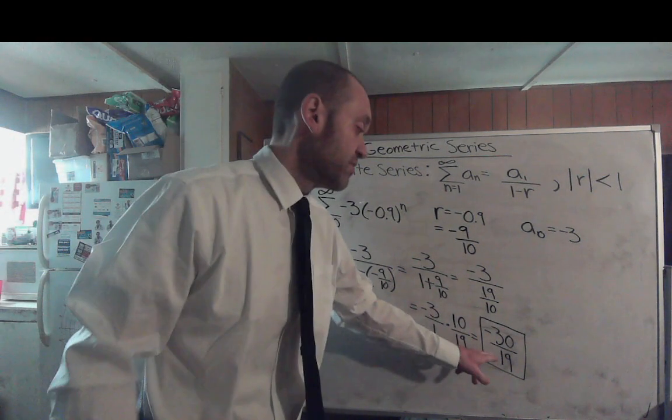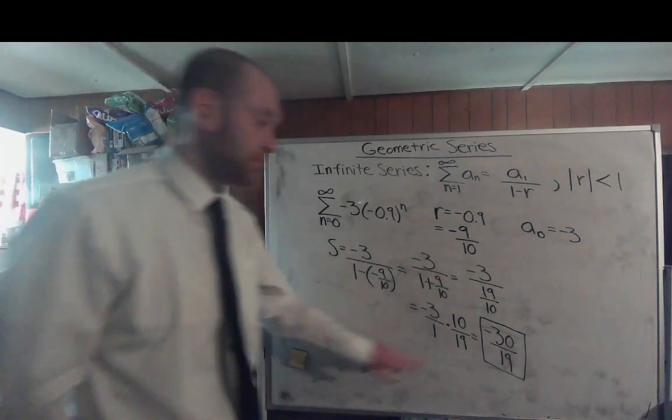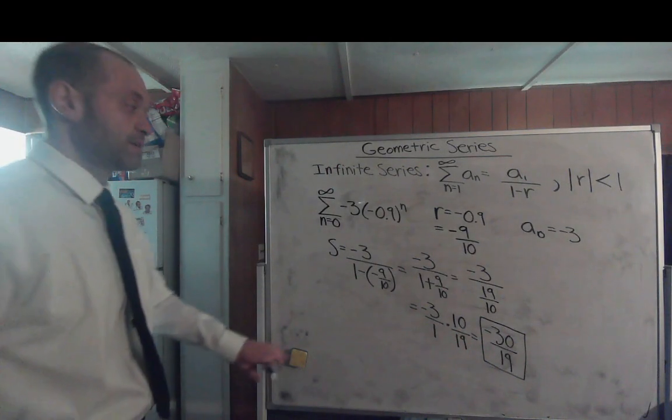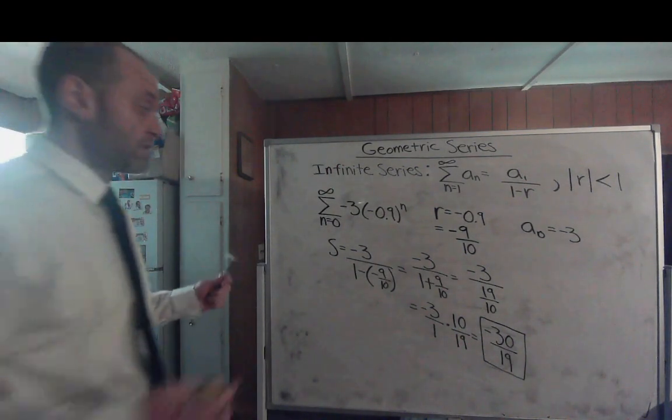You get about negative 1 and 11/19 for your sum, negative 30/19. I got just one more.